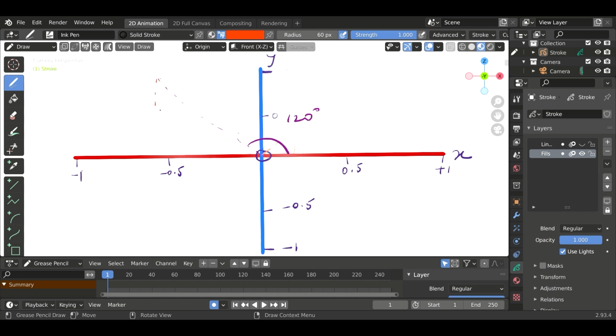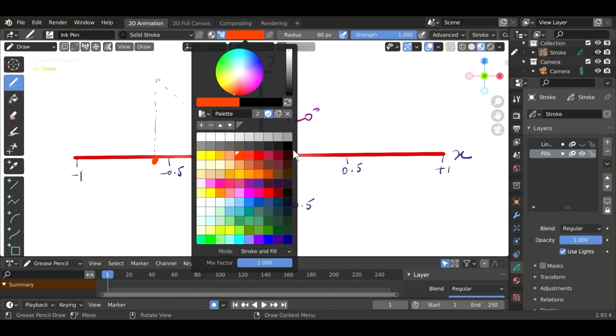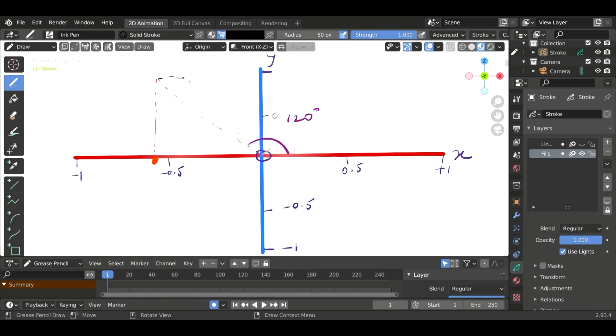This is not accurate, by the way. This is not to scale. This is just a rough sketch to know your cosine. And if you want to find your sine, you simply go check the y-axis. Remember, for cosine you check the reading on the x-axis, and for sine you check the reading on the y-axis.